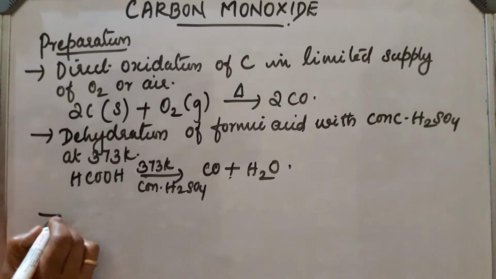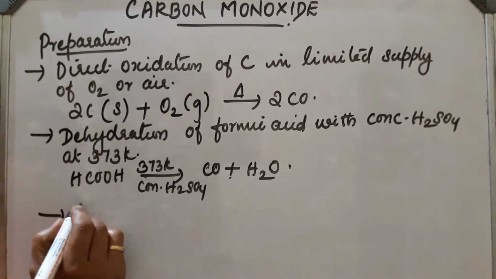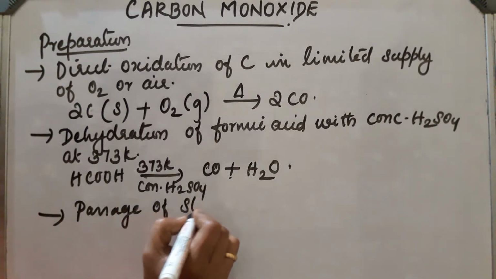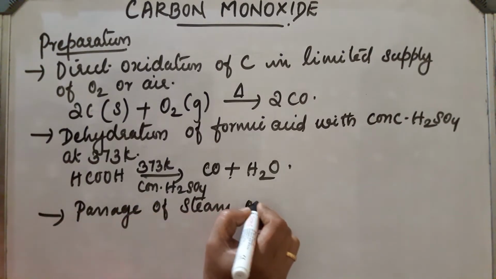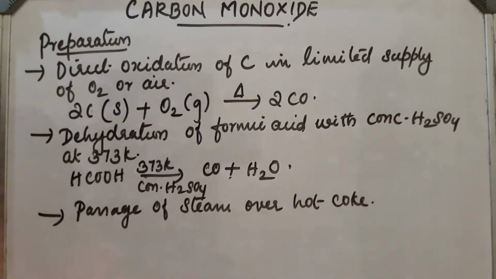Next, the commercial method. On a commercial scale, it is prepared by the passage of steam over hot coke. By this process, a mixture of carbon monoxide and hydrogen is obtained, which is known as water gas or synthesis gas.